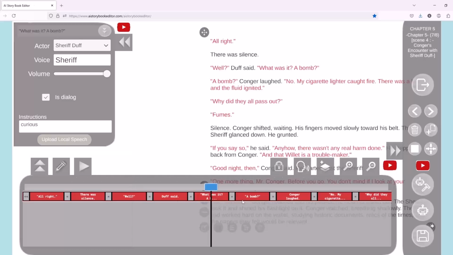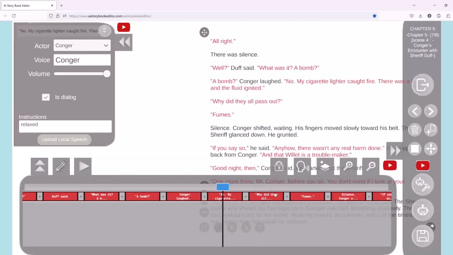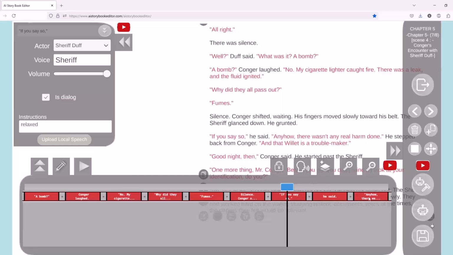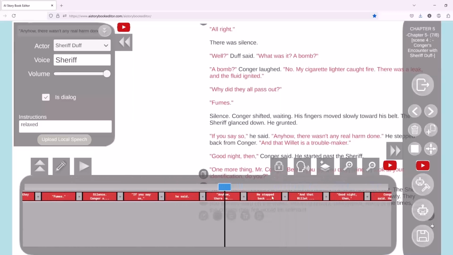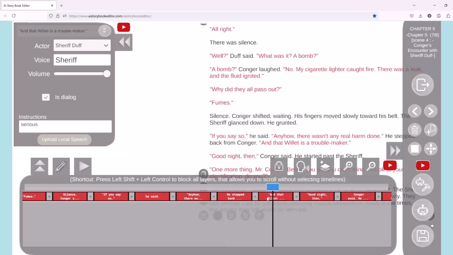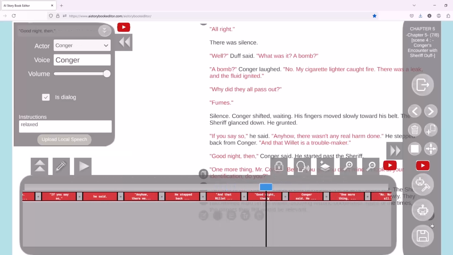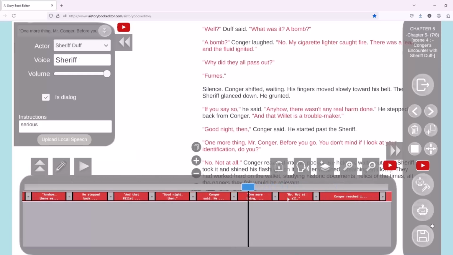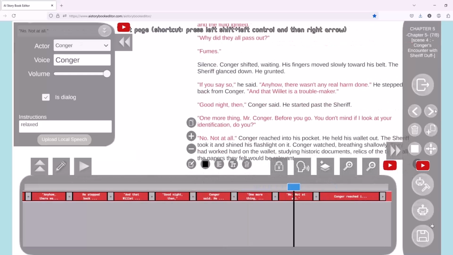Sheriff and sheriff. Conger. Sheriff. Conger. And sheriff. Conger. Sheriff, and Conger.